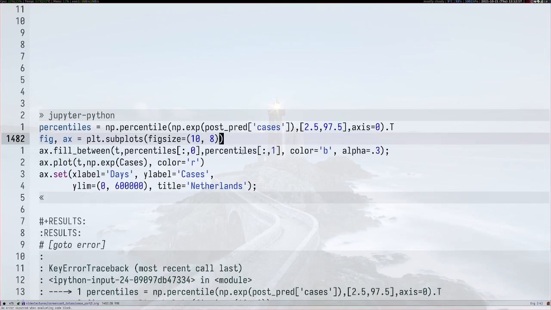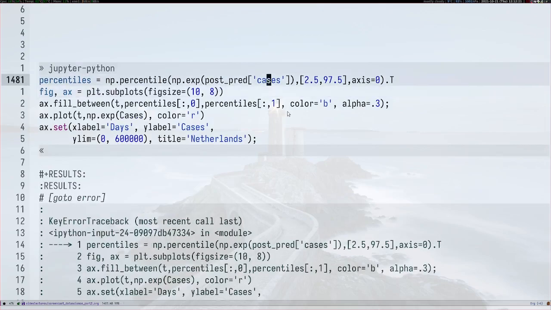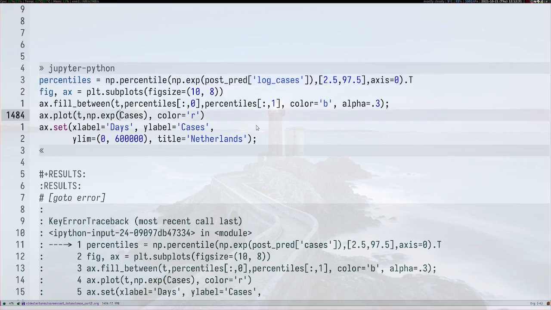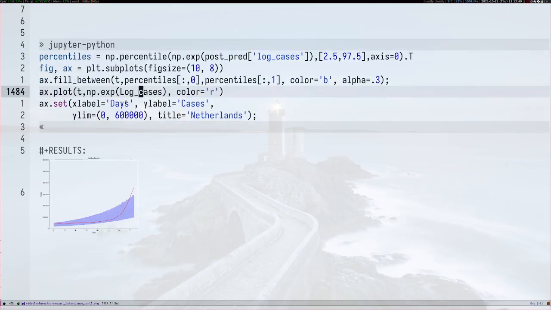Oh, we get an error here. Ah, yeah, okay, because this is called differently. This is actually called log cases, and the same is true here. This is log cases. So let's see whether it runs now. Yeah, now it runs.